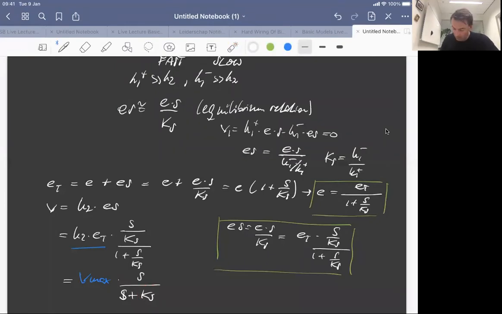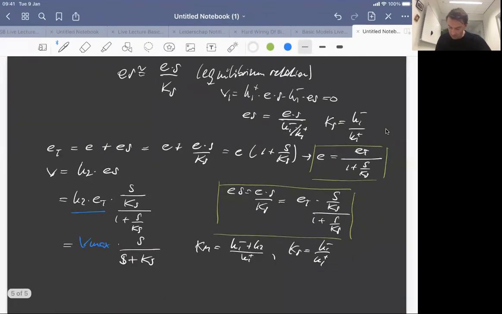Now in the Michaelis-Menten description, the Km equaled K1 minus plus K2 divided by K1 plus, whereas Ks in this particular description is K1 minus divided by K1 plus.